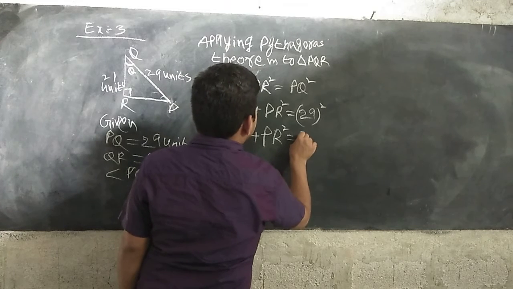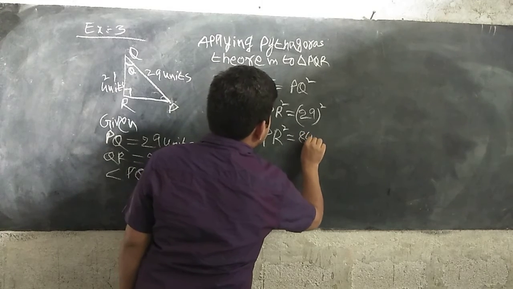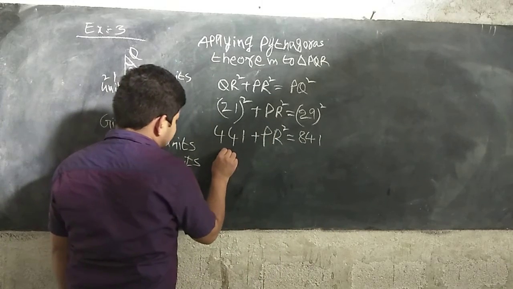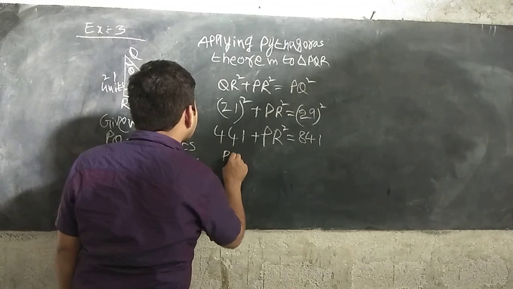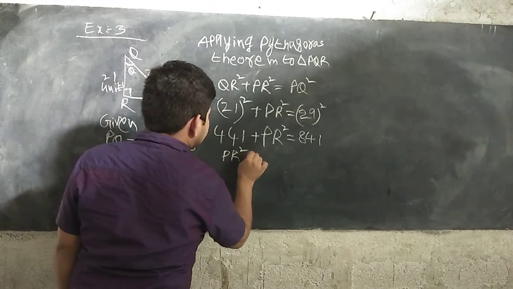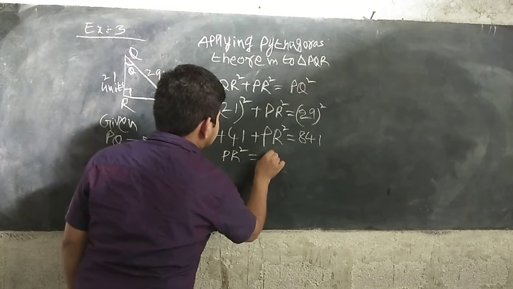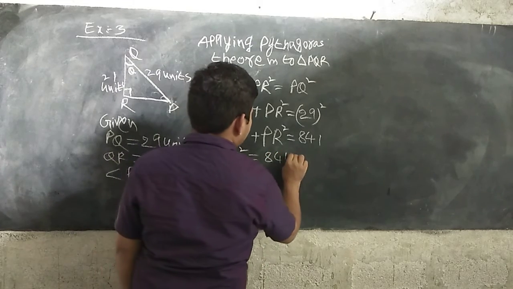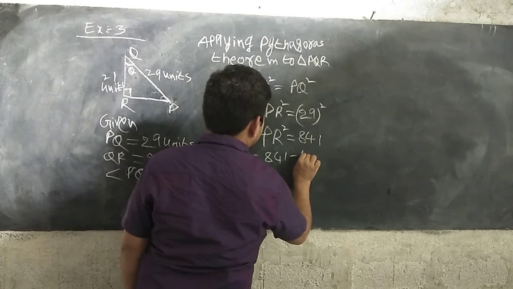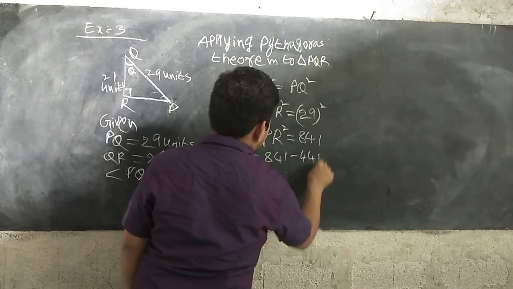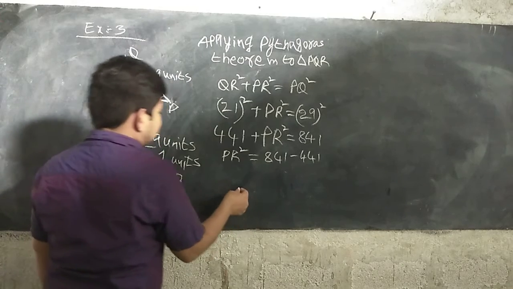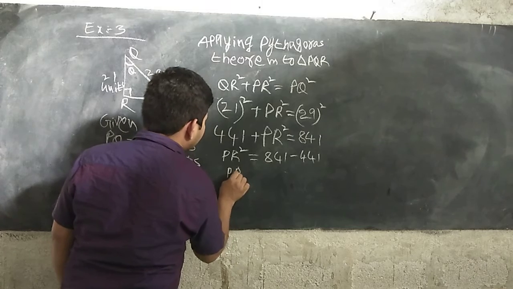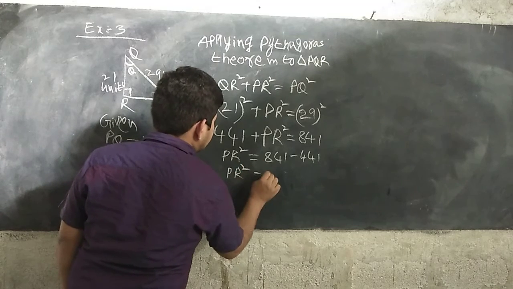If you want, you can do the multiplication 29 into 29 and 21 into 21 in your rough work. So PR square equal to 841 minus 441, giving PR square equal to 400.